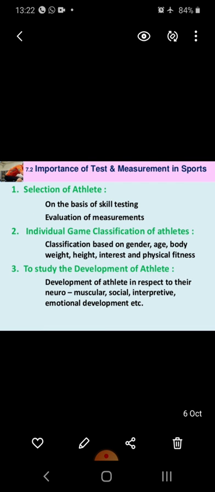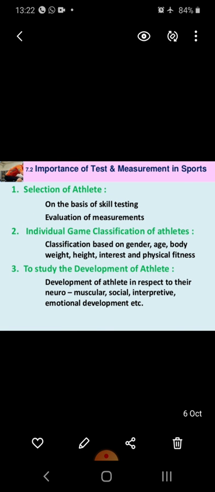We have taken these measures by taking tests, and then we will evaluate through measurement, and then we will classify and segregate them into different age categories, gender, body weight, height and interest accordingly. So it will help in keeping the athlete or the player in different categories.